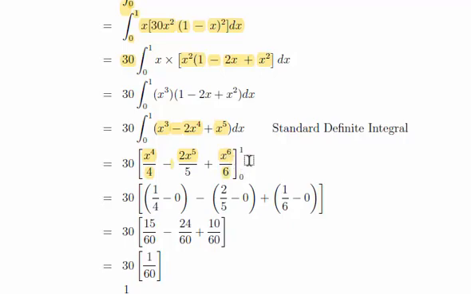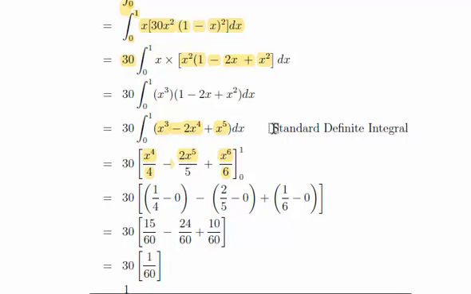Now again, it's a definite integral between 0 and 1, and I'm going to evaluate each expression one by one. So we have 1/4 minus 0, minus 2/5 minus 0, and plus 1/6 minus 0. Essentially we're evaluating each of those expressions at 1 and 0 and getting the difference.